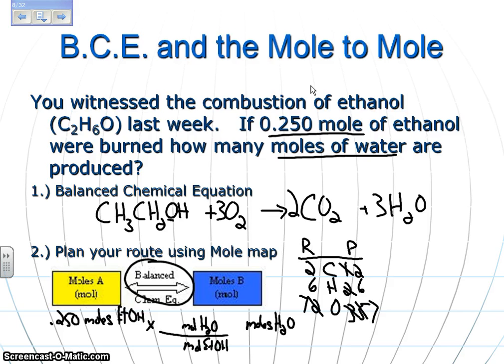So we're going to take the coefficients from the balanced chemical equation and put them next to the terms. So we have 3 moles H2O, 1 mole ethanol. 0.250 times 3 is 0.750. Whatever number of sig figs we start with is going to be the number of sig figs we end with. So our answer here is 0.750 moles of H2O.